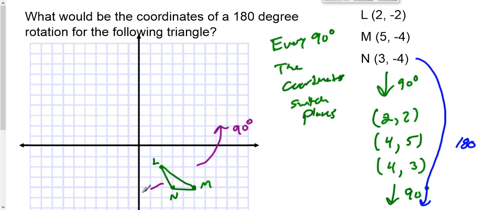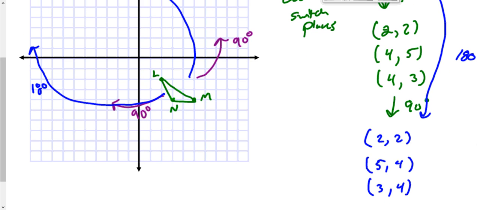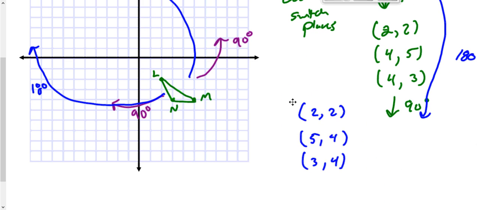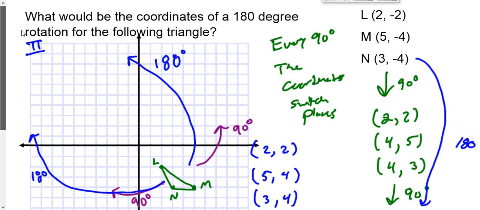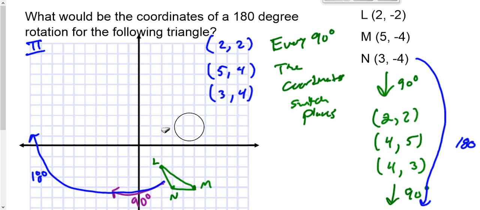90 degrees lands them in one of these two quadrants. So 180, no matter which direction we go, that's why we didn't have to specify, lands them up here in quadrant 2. So what we're going to do is we're going to take these coordinate points and we're going to plot them within quadrant 2.